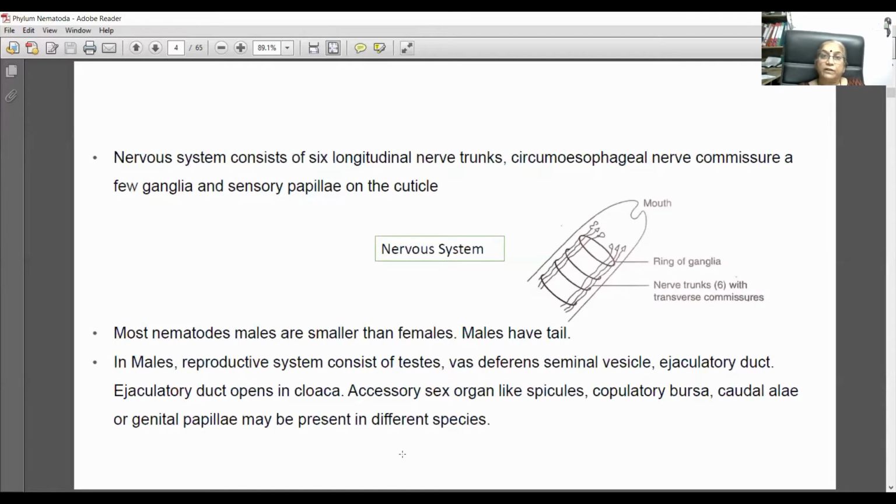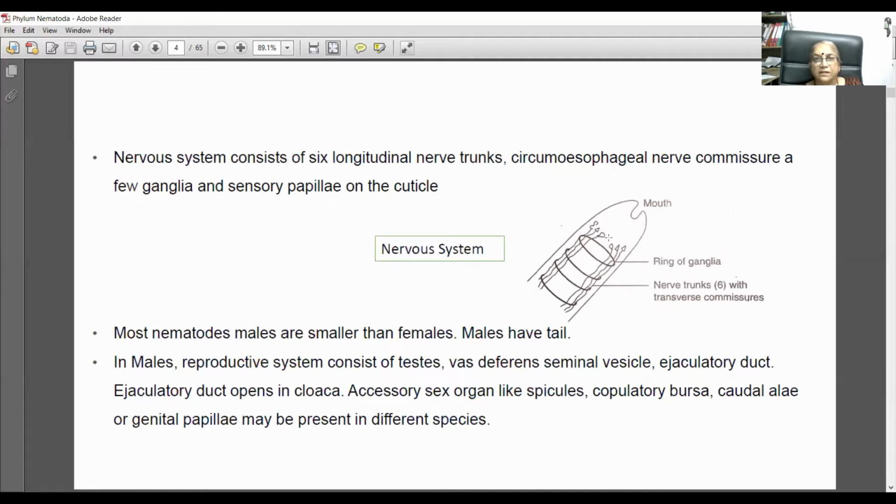One more good thing about this worm is that it has a nervous system, and it has 6 longitudinal nerve trunks. You can see here, these are the 6: 1, 2, 3, 4, 5, 6.